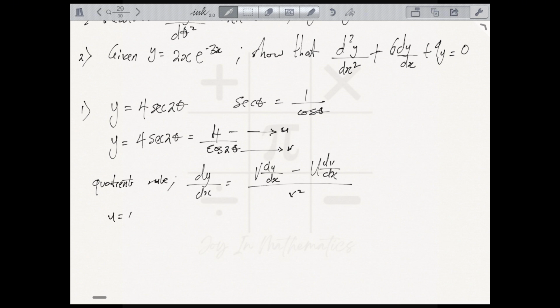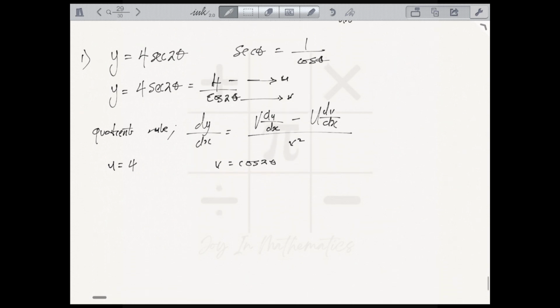Now, our u is 4 and our v is cos 2 theta. Notice that the variable we are differentiating with respect to here is theta. Therefore, our du d theta is equal to 0, and our dv d theta here will be minus 2 sine 2 theta, because when we differentiate cos a theta, we are going to have minus a sine a theta.